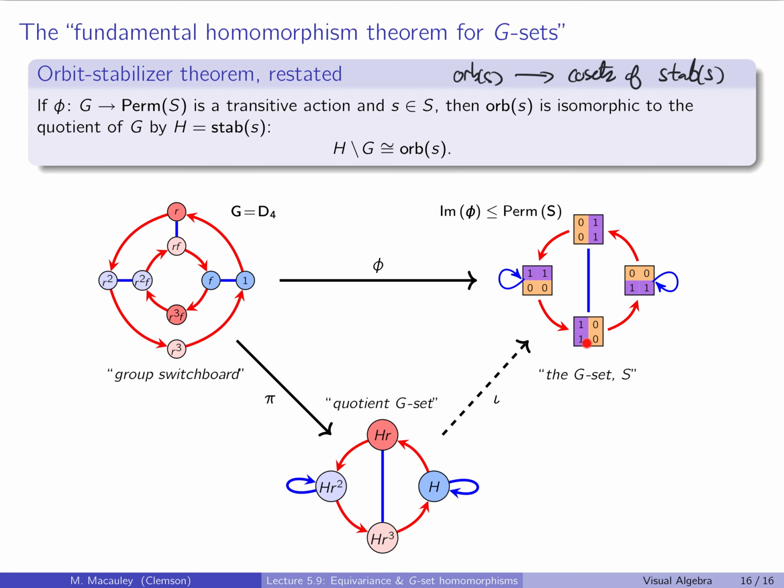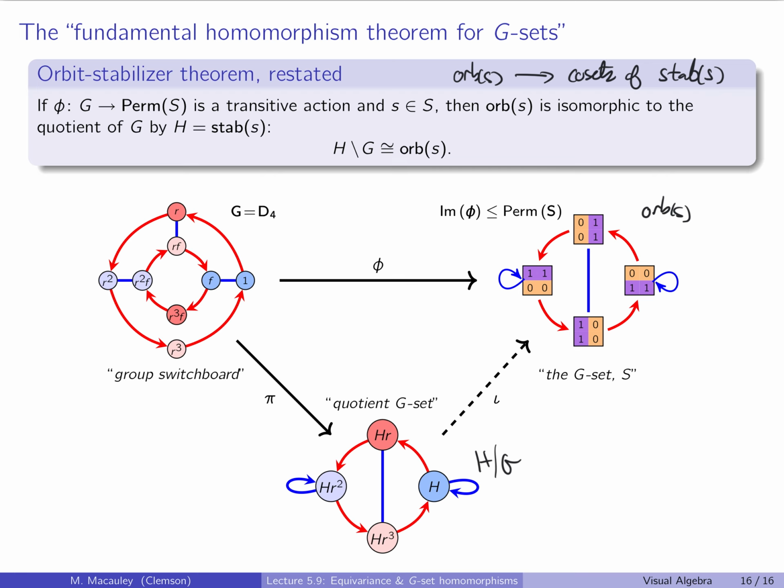I claim that this here is the orbit of S, and that is isomorphic to, you can first collapse by H, take the quotient by H, and then apply this G-set isomorphism from H mod G to the orbit.